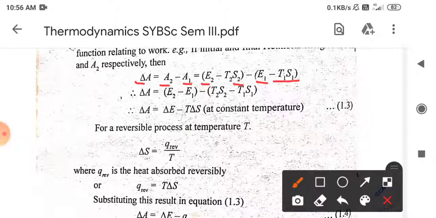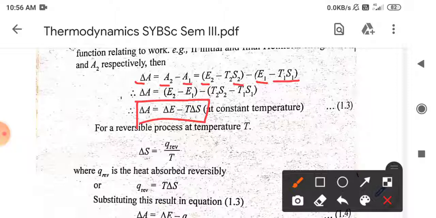So likewise we derive the expression for the difference in Helmholtz free energy. The expression will be delta A equals delta E minus T delta S. We have just taken the difference for the two states differing in their internal energy, temperature and entropy of a system.